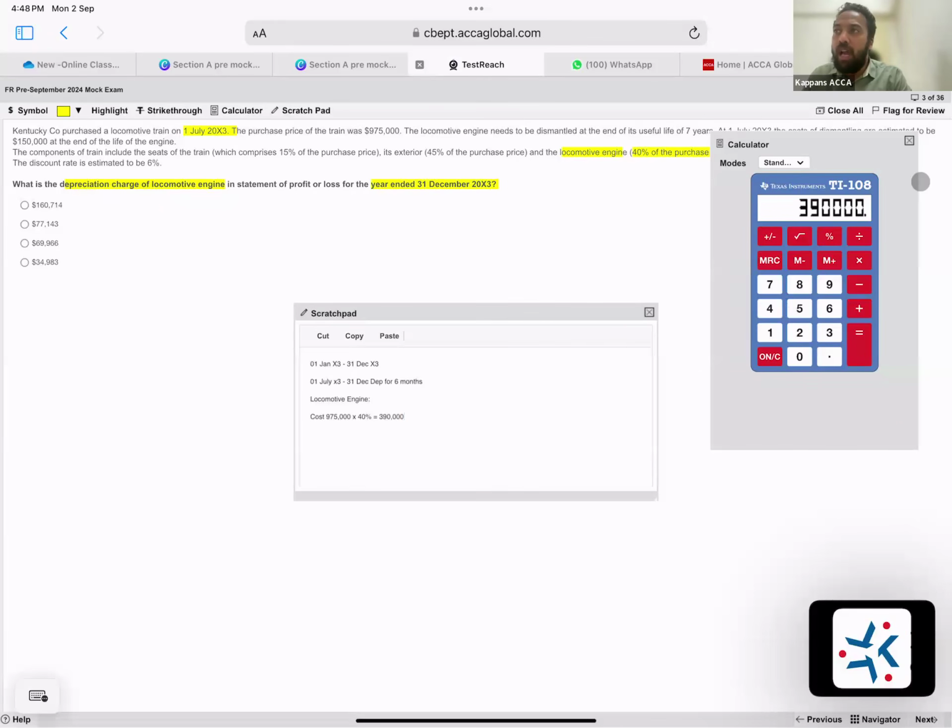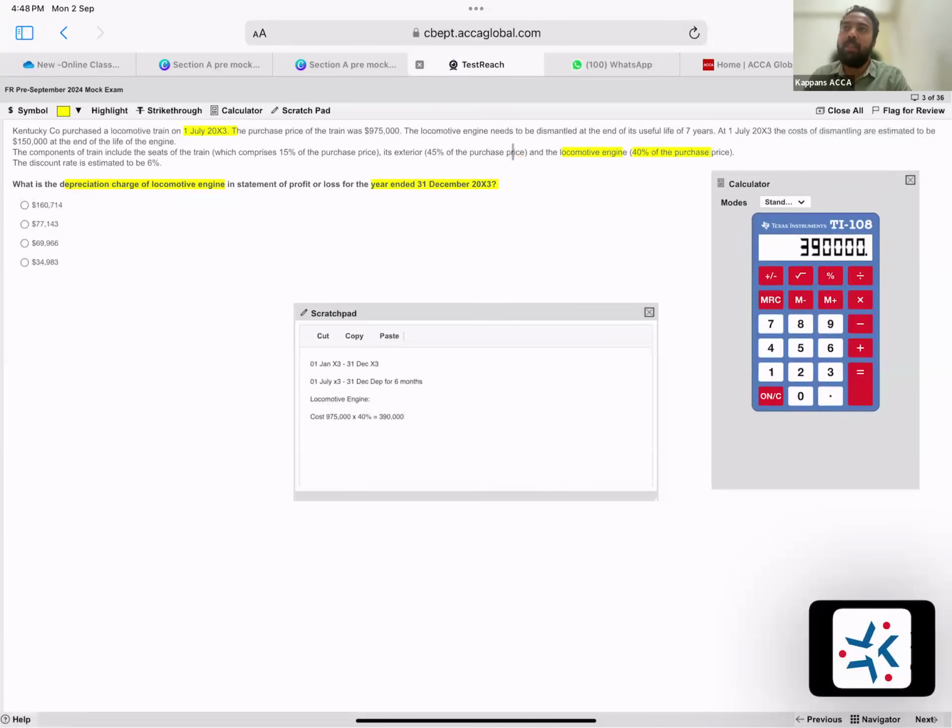There is one more item which the question has stated. The locomotive engine needs to be dismantled at the end of its 7-year useful life, and they have estimated that cost to be 150,000 at the end of the life of the engine. So we have to calculate the present value of dismantling.